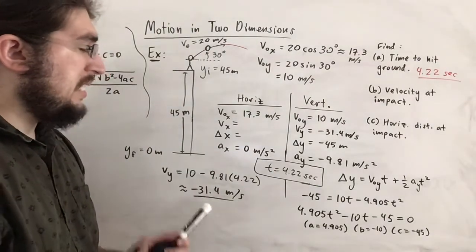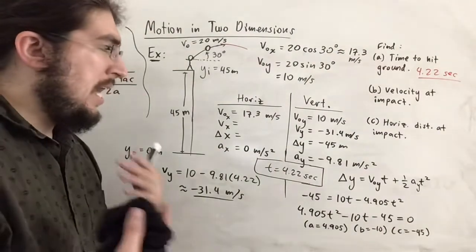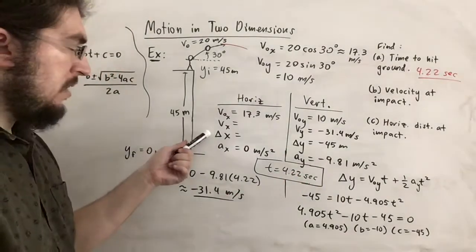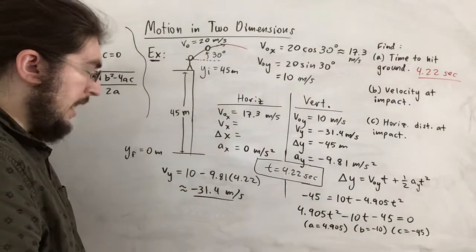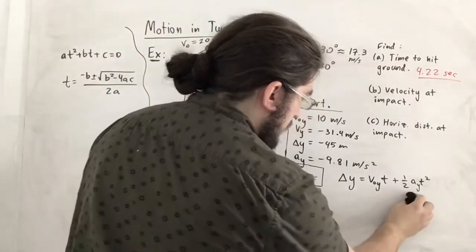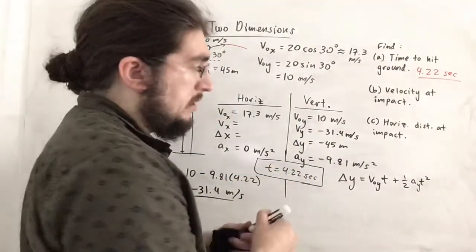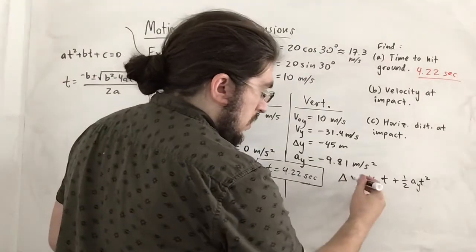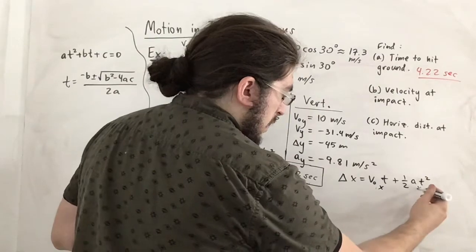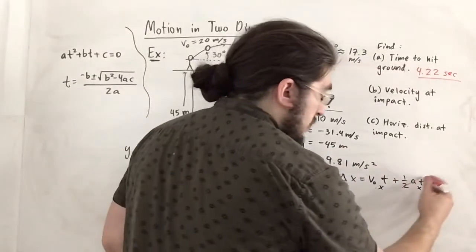So with that being said, since AX is 0, a lot of those equations for the horizontal side of things actually become a little shorter. In fact, one we'll be seeing that involves delta x is, let me kind of write it over here. Really it's just this, only with x's instead of y's. So I'm going to replace all of my y's with x's, and notice since ax is 0, that makes that second term on the right-hand side go to 0.